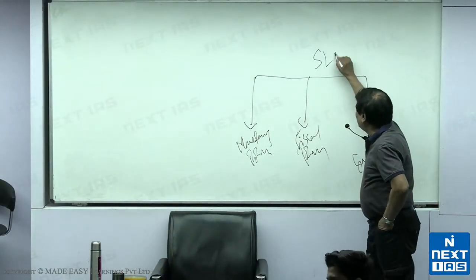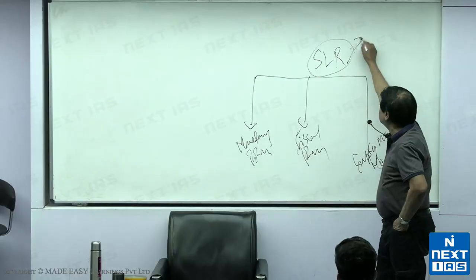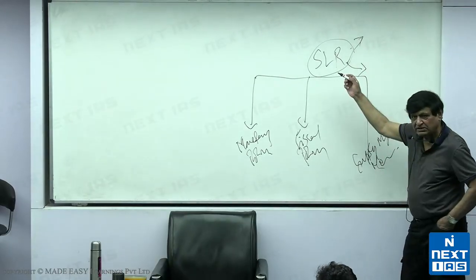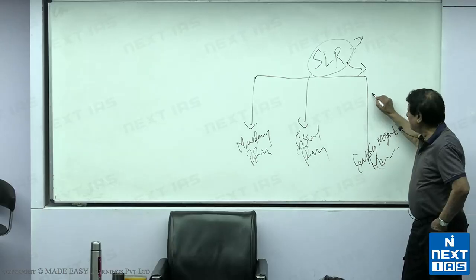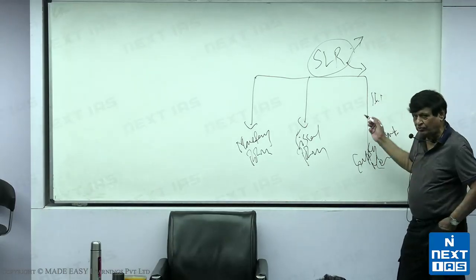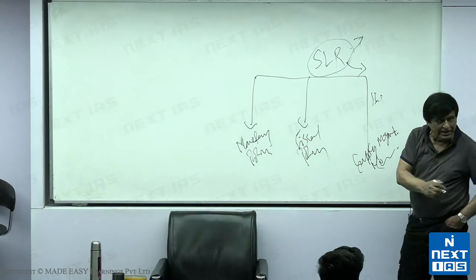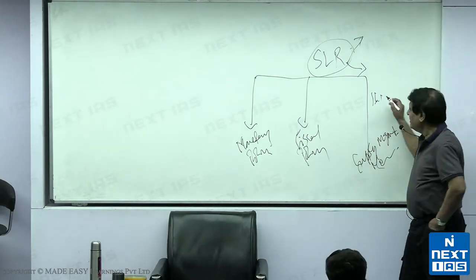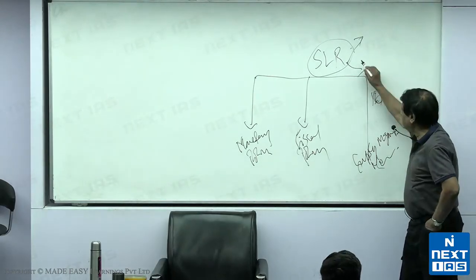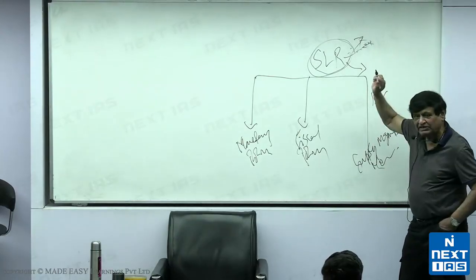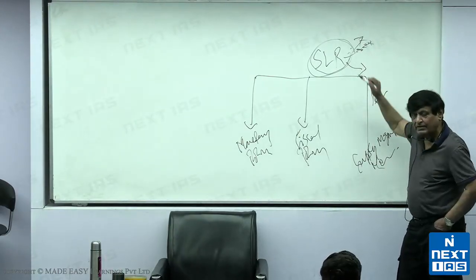One, it helps the government to get funds from banks. Because if SLR is 16%, I don't know, I am not doing monetary economics now, that means 16% of their total funds they are keeping in the form of government securities. So the government is getting money.